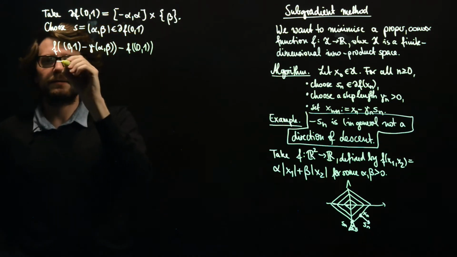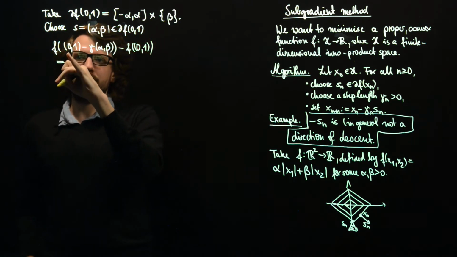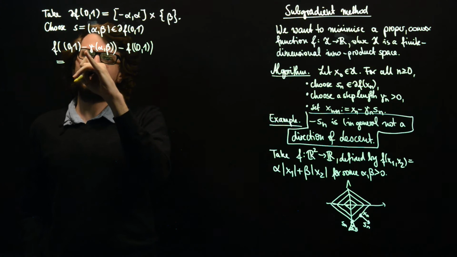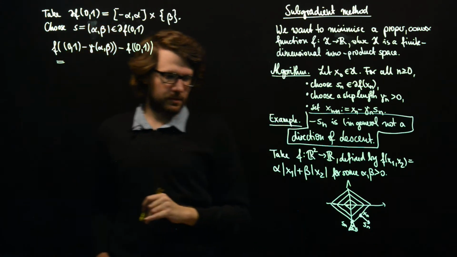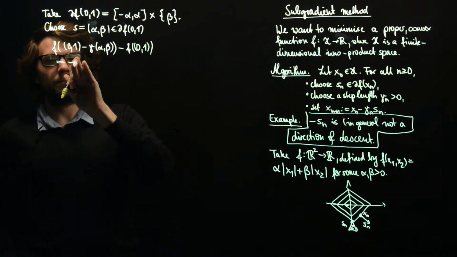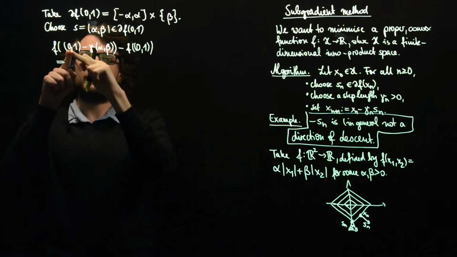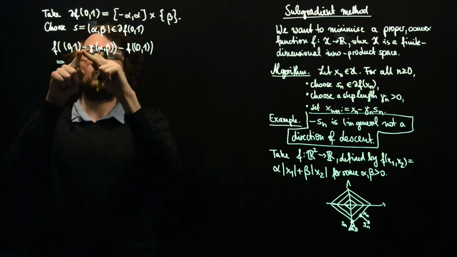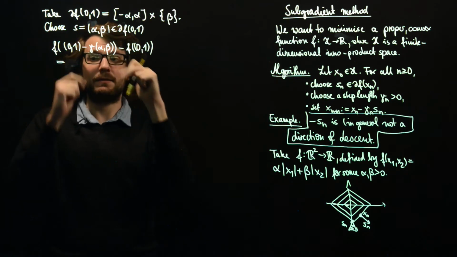Okay, what do we get? So we have f at (0 minus gamma alpha, 1 minus gamma beta).